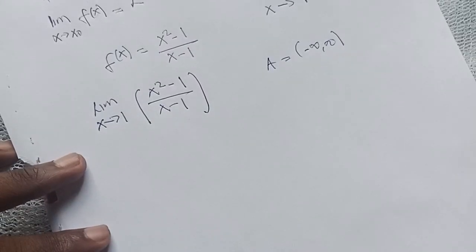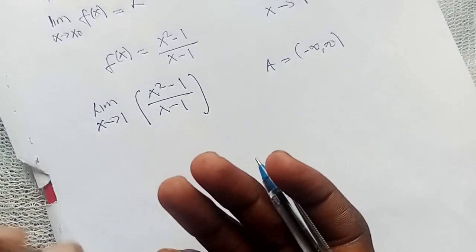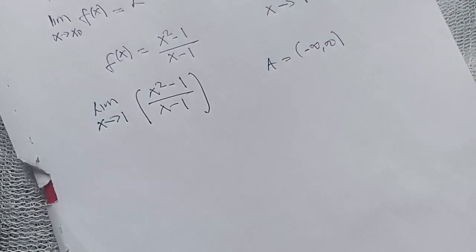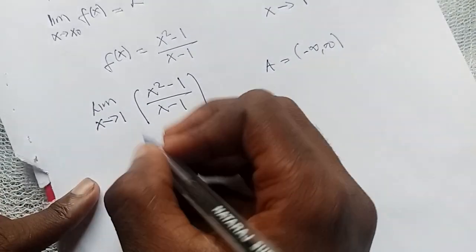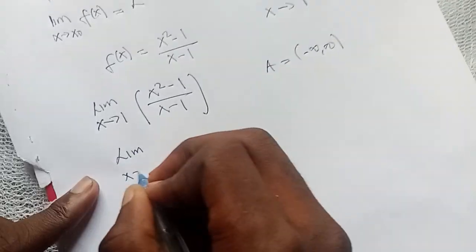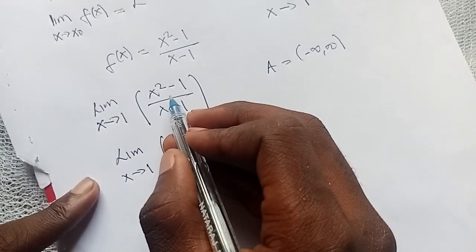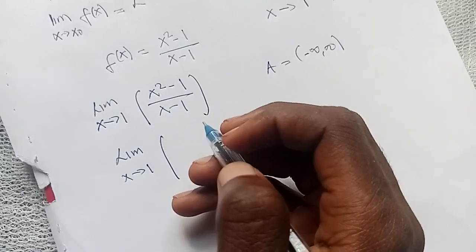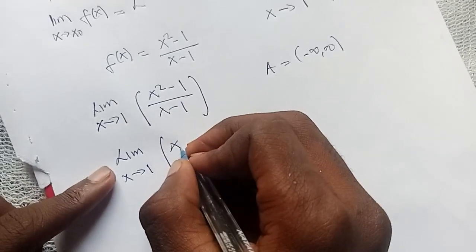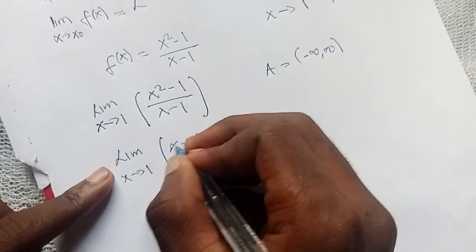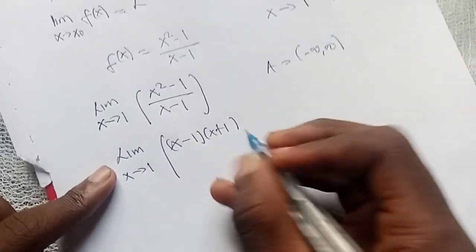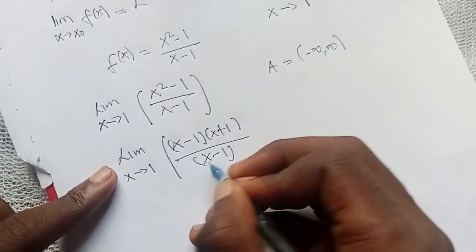So for us to solve this kind of limit, you have to factor the denominator, since the denominator can be factorized by using the difference of two squares. So you can say the limit as x approaches 1, you factorize this one using the difference of two squares. So this will be x minus 1, x plus 1 over x minus 1.